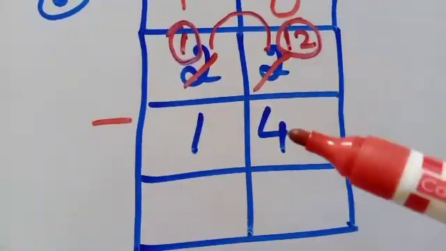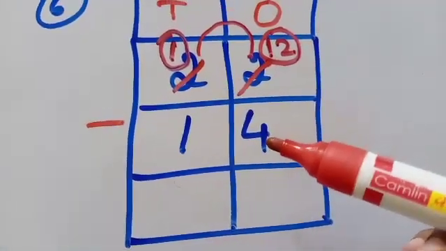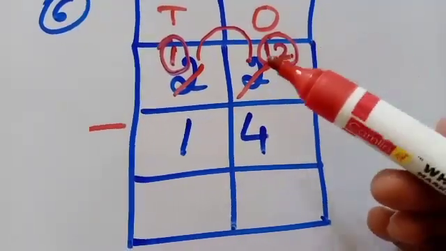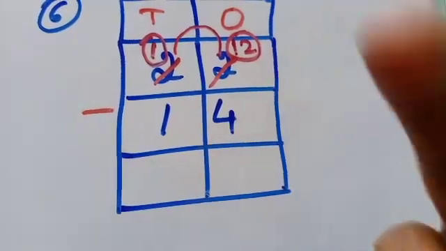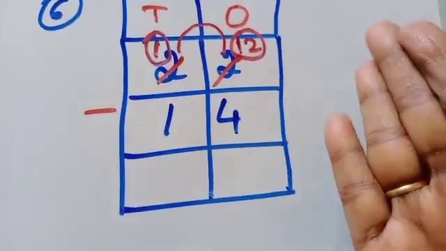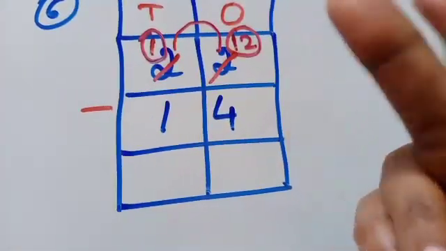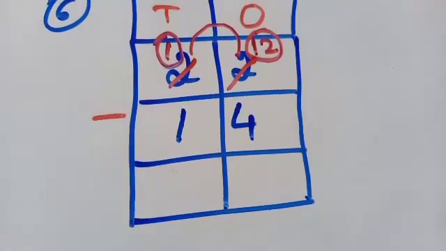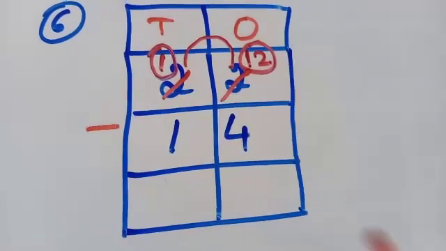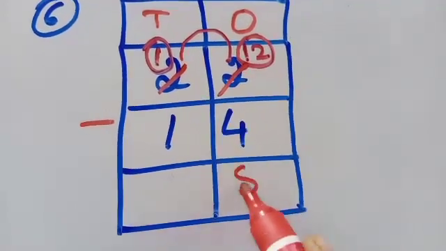Now 12 minus 4. So after 4, let's count the numbers till 12 comes. So after 4: 5, 6, 7, 8, 9, 10, 11, 12. Okay. How much did we get as the answer, children, now? It is 8. Let's write the answer here. 8.